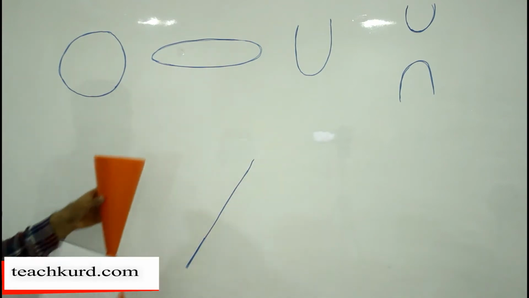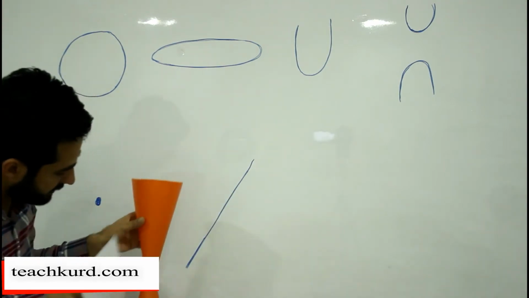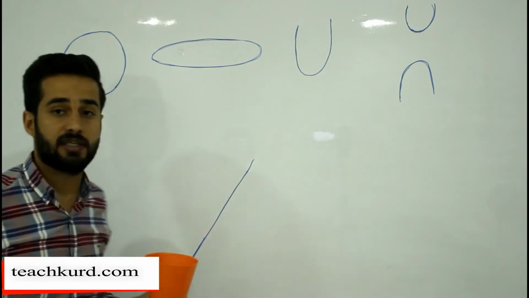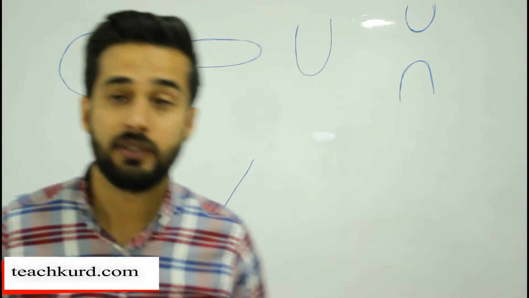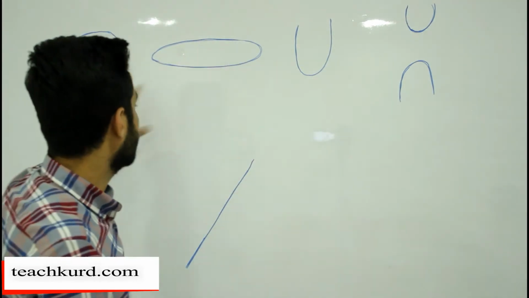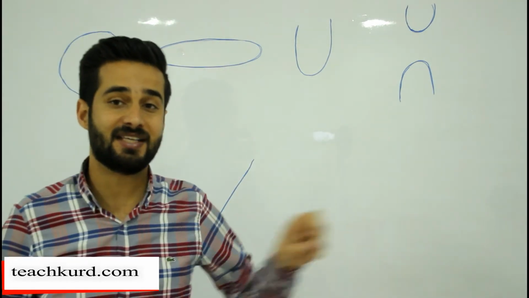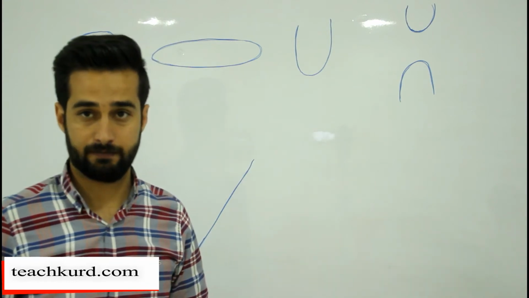Only a line, which is the surface of those two. So we will get a line. Now those are all the kinds of shapes that we can take out from a conic section.